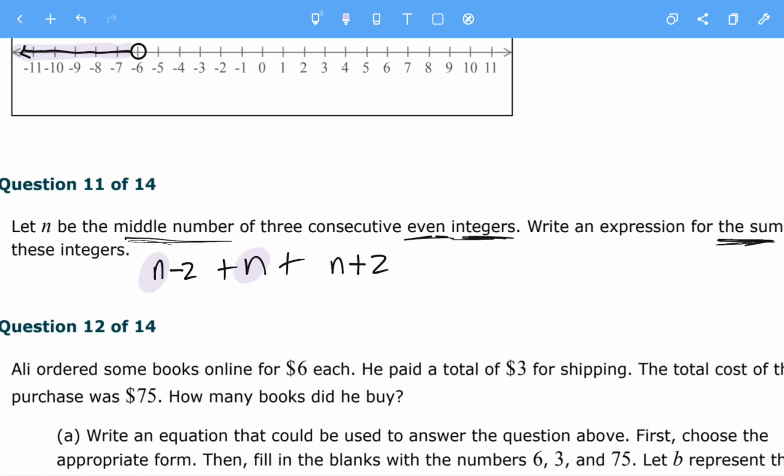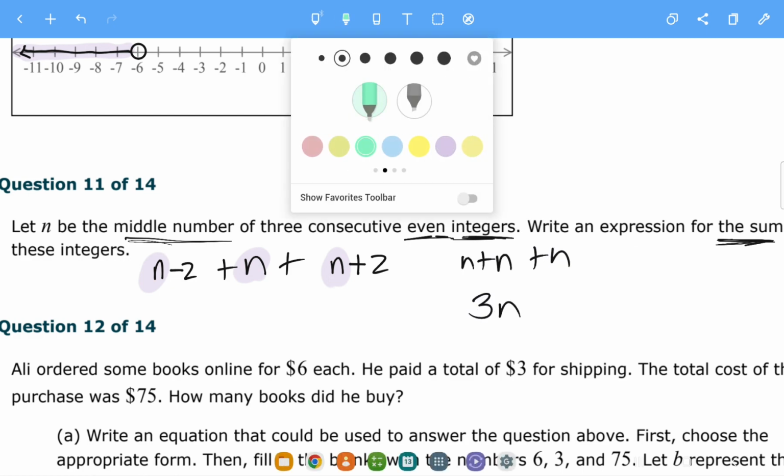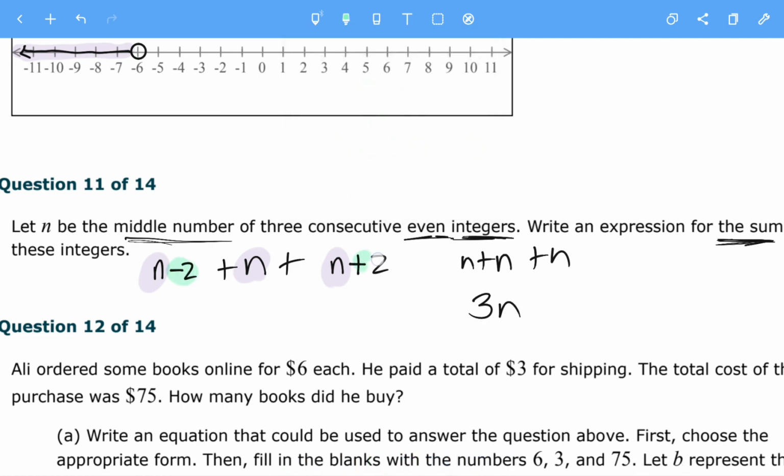So we have 3 n's. We have n plus n plus n, which gives us 3n. And then we have a minus 2 and a plus 2. These become 0. So our final answer is 3n. And we're done.